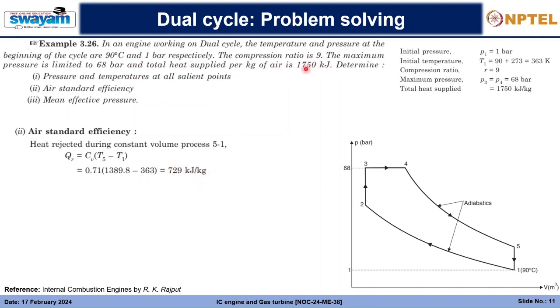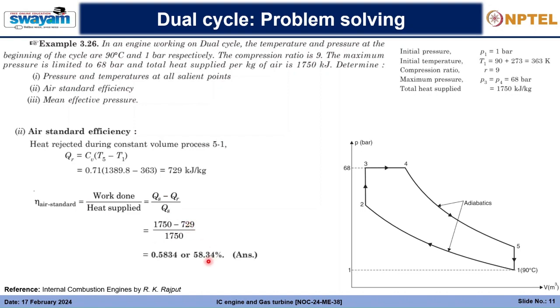Total heat supplied is, we know, 1750 kilojoule per kg. So we can directly calculate the air standard efficiency as work done by heat supplied. That is QS minus QR by QS, which is equal to 58.34%.